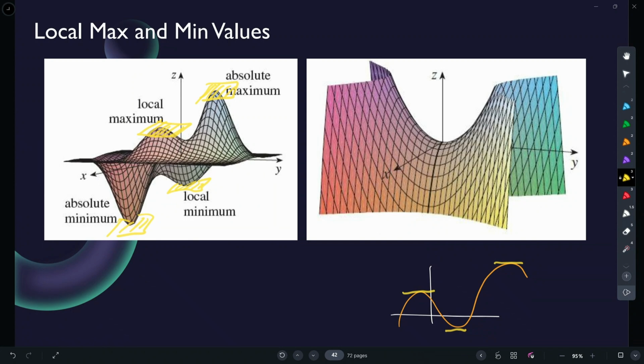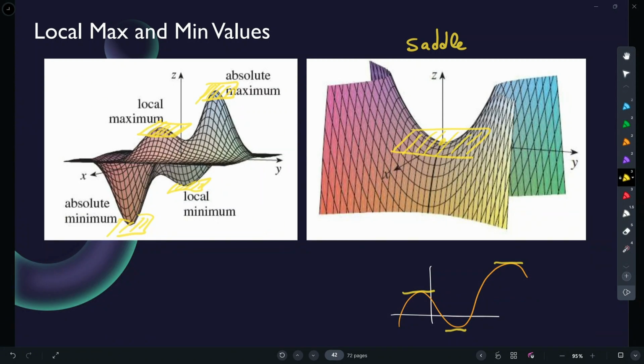However, at this point, the tangent plane is also parallel to the xy plane. So the tangent plane alone can't distinguish if I have really a local max, a local min, or what's called a saddle point, where in one direction it's a local min, but in the other direction it's a local max.